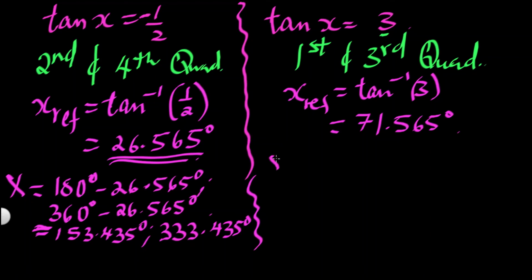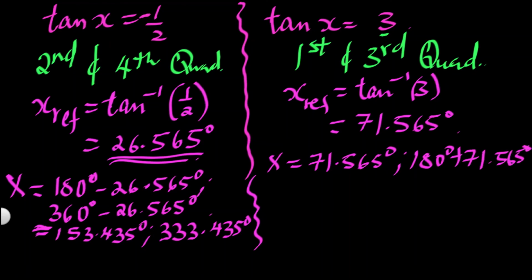So x is going to be 71.565 degrees, the answer from the first quadrant. Then in the third quadrant, it will be 180 degrees plus 71.565 degrees. So I just add 180 degrees plus 71.565 degrees.